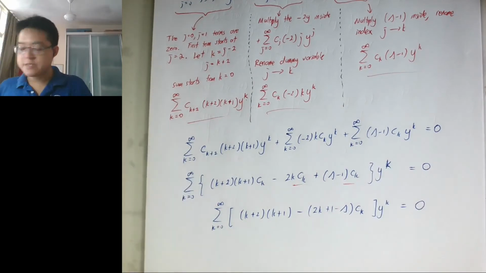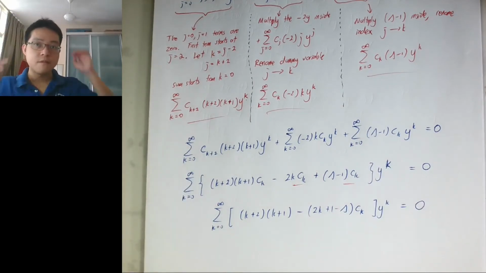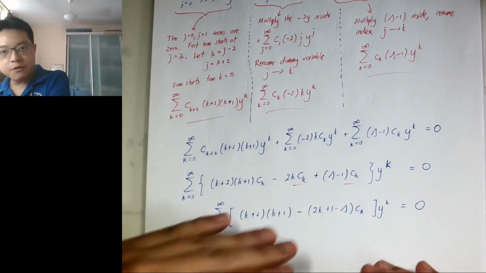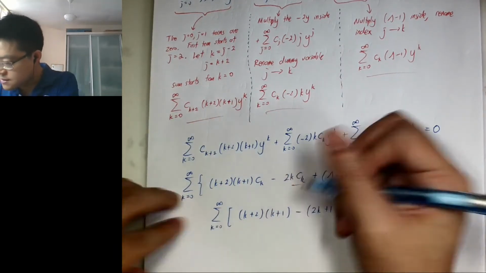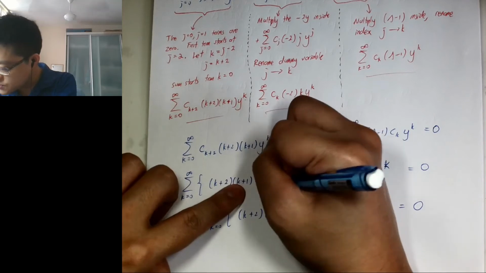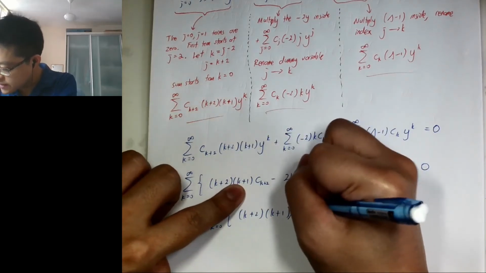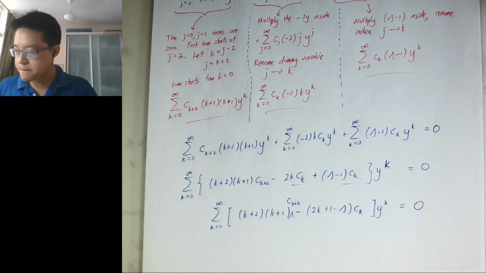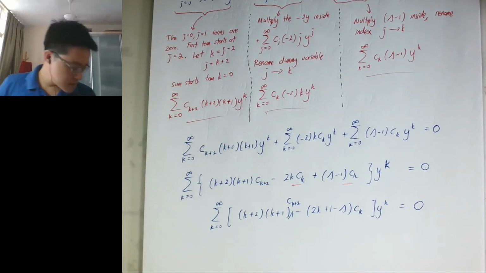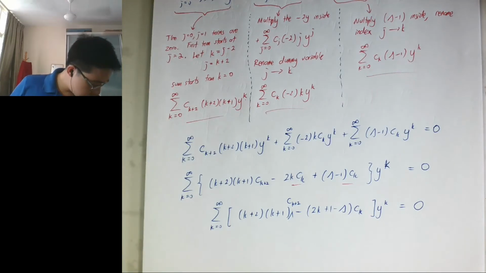This whole thing equals 0. I forgot to write c_{k+2} earlier. Okay, so now this is page 3.